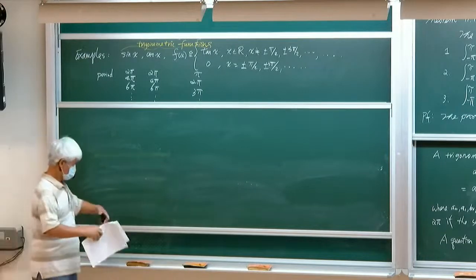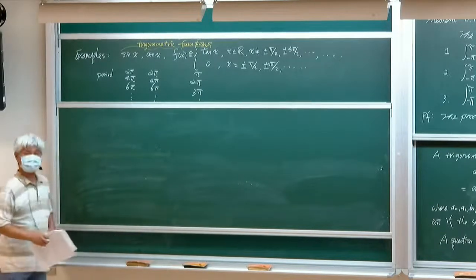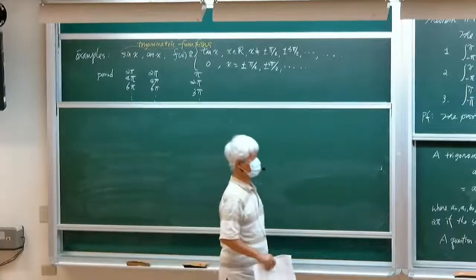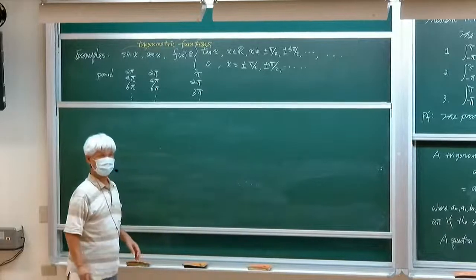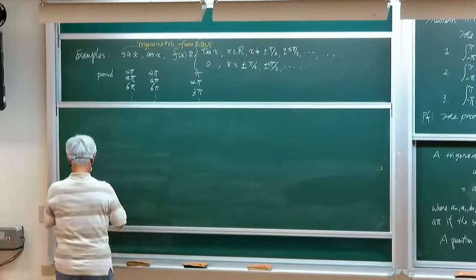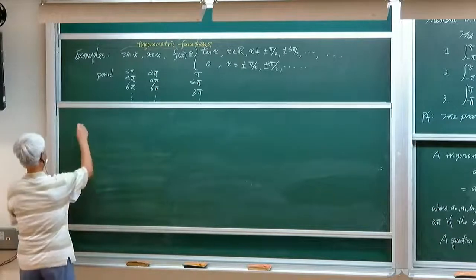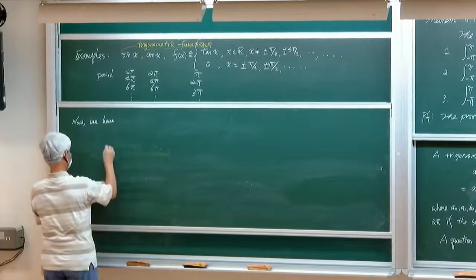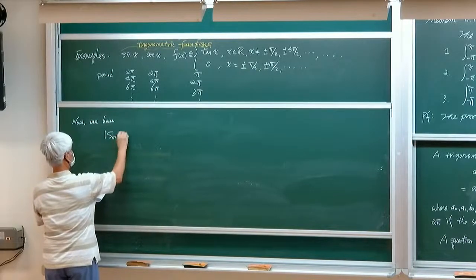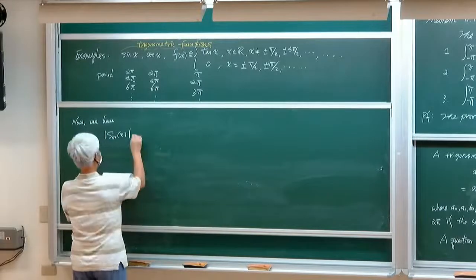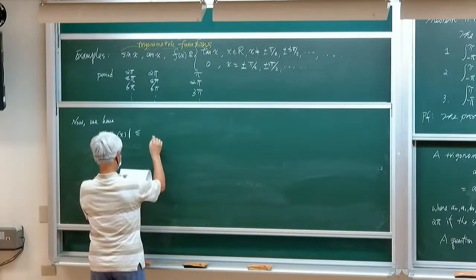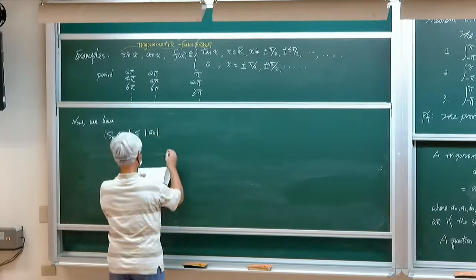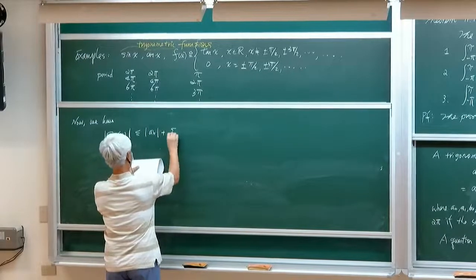Okay, so our next target would be deriving some necessary conditions. All right. So now we have the partial sum function, A0 plus the summation.